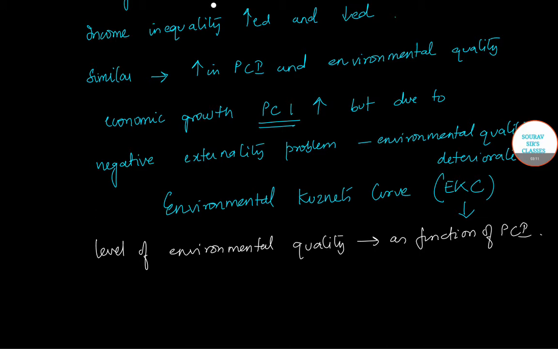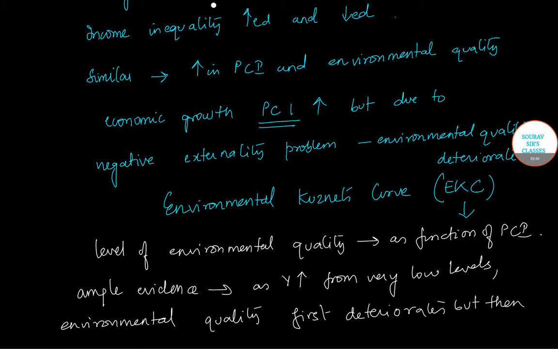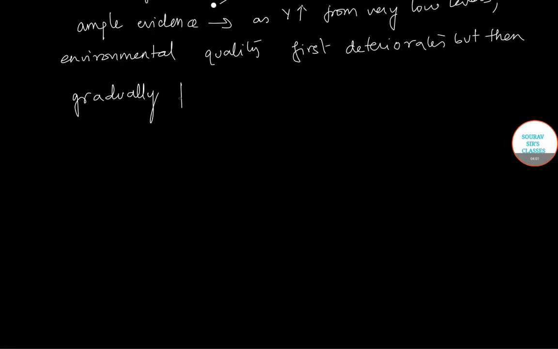Now there is ample, or you can even say sufficient, evidence to suggest that as income increases from very low levels, the environmental quality first deteriorates, but then as the country gradually prospers, it begins to improve.